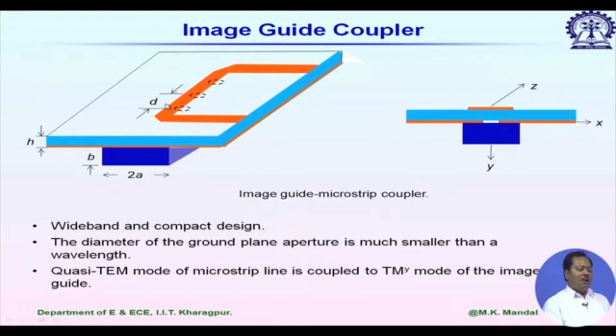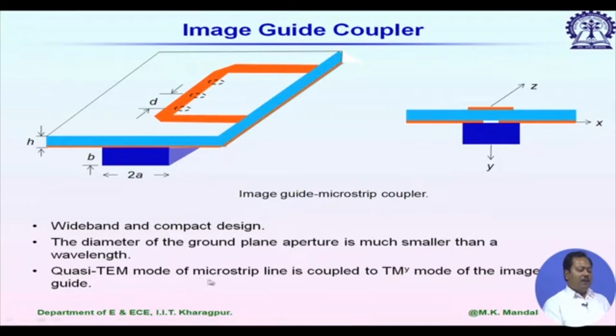So, on top we have microstrip line, and below the ground plane we have the image guide, and now by controlling the diameter of this slot and the position of the slot, we can control the coupling level. So, it is usually very wideband and compact.